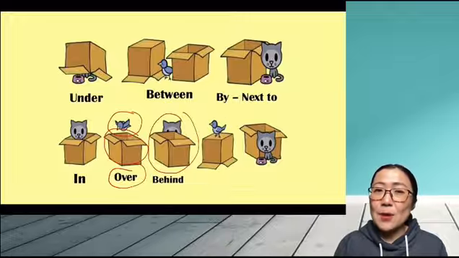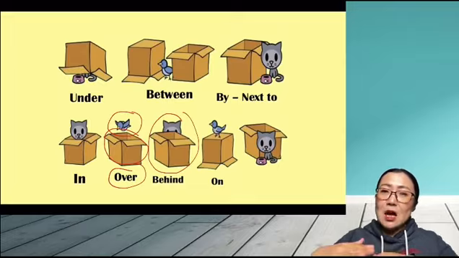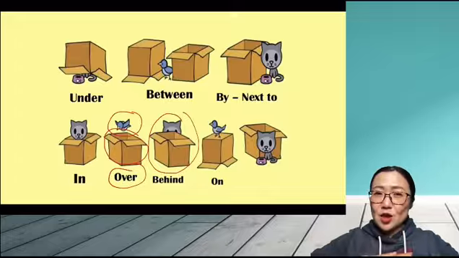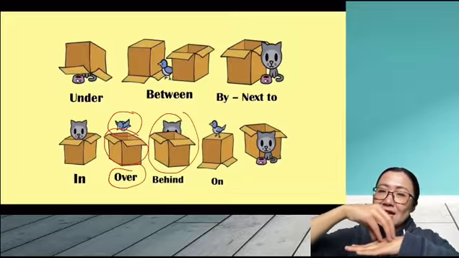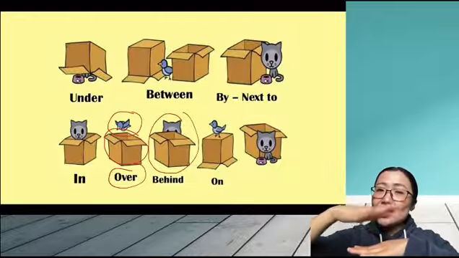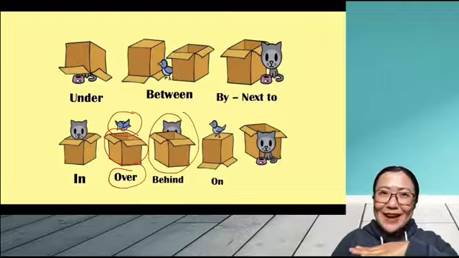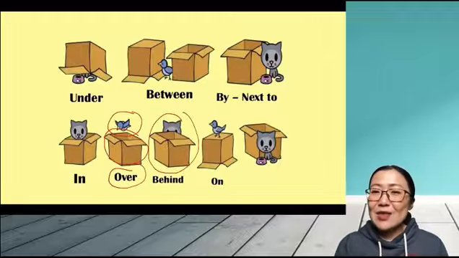And now let's take a look at this picture. Where is the bird? The bird is on the box, right? The bird is on the box. When you use on, that means the bird is on the surface of the box. 当我们用到 on 的时候，表达的是这个 bird 它就在这个箱子的上面，就站在这个箱子的表面上，而不是像刚才的 over 那样，是在它上方还有一定的距离。All right, 所以这是 on 和 over 的区别。And what about the cat?